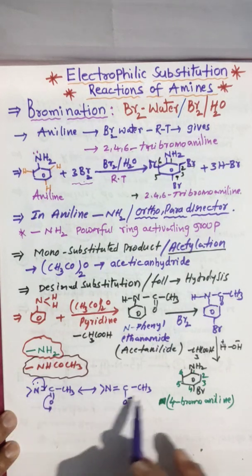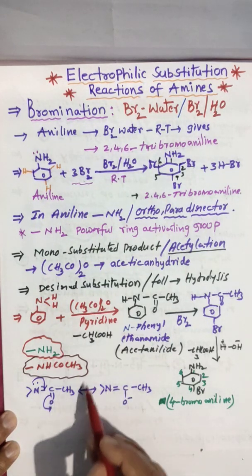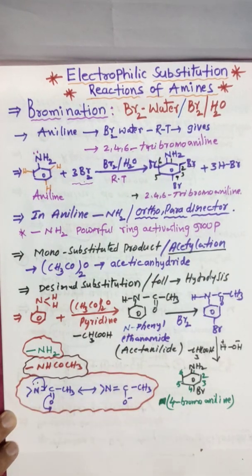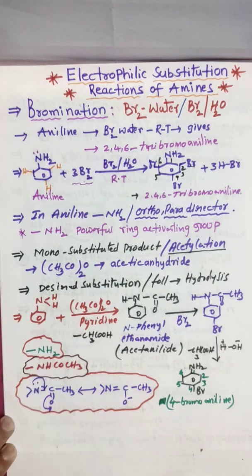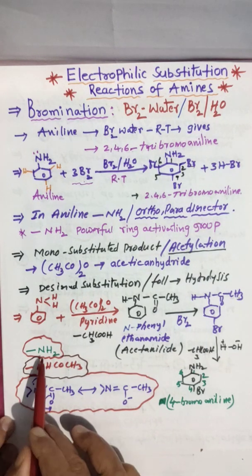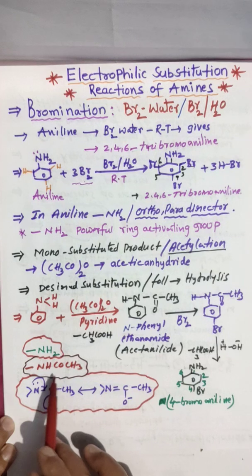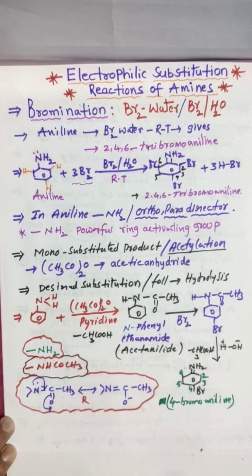When it is stabilized by resonance, it will show less ring activation. That's why this effect is less than this. Means the activating effect of NH2 is more than the NHCOCH3 group because of resonance stabilization.